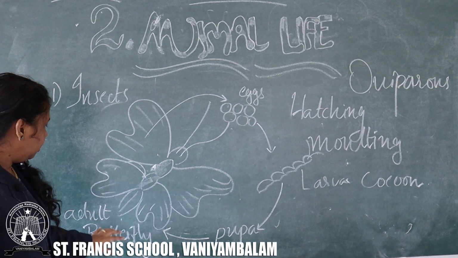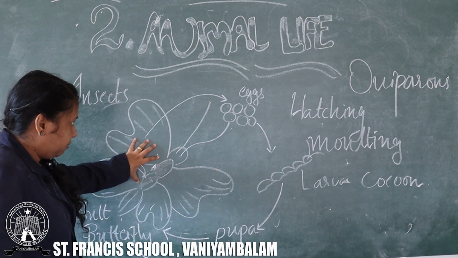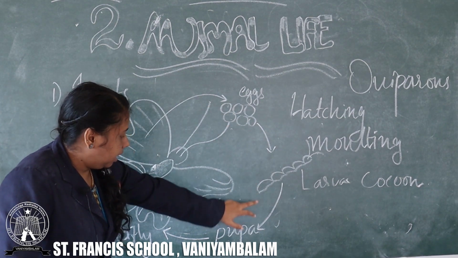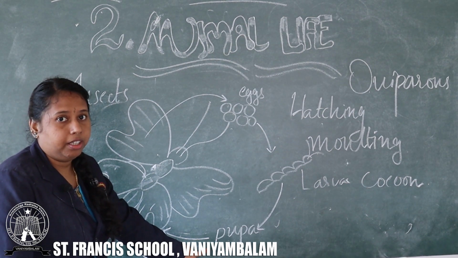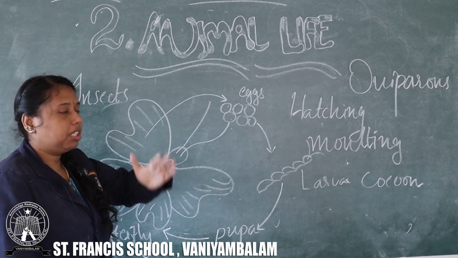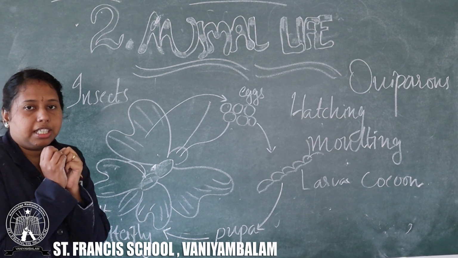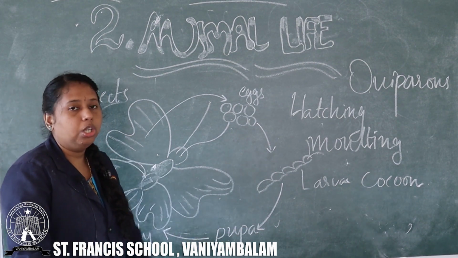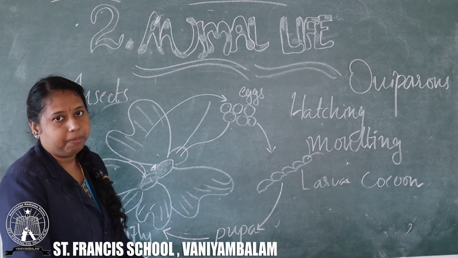I repeat, what is the life cycle of butterfly? This is adult butterfly, it will lay eggs and larva will form. The larva will continuously eat food, and after some time it will stop eating and go inside a covering which it makes itself, that covering is known as cocoon, and this stage is called pupa.